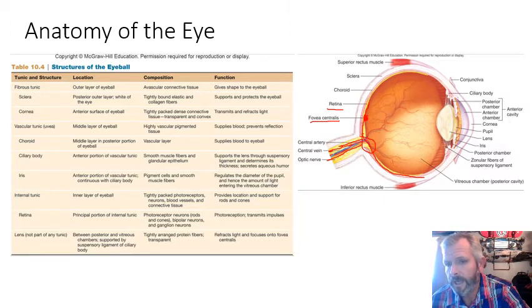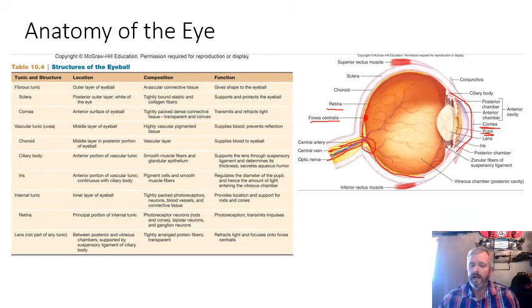If you remember, we have the outer clear portion, like an extension of the sclera, the white, that is the cornea. This is where the light is going to come in. We have the iris, the colored portion of the eye, and it is actually a muscle that controls the hole, the pupil, which helps control how much light is coming into the eye.